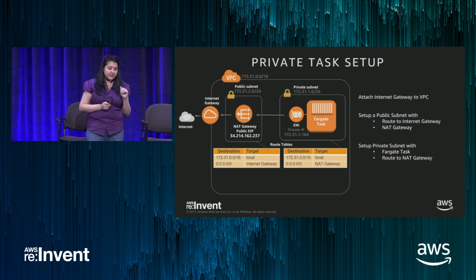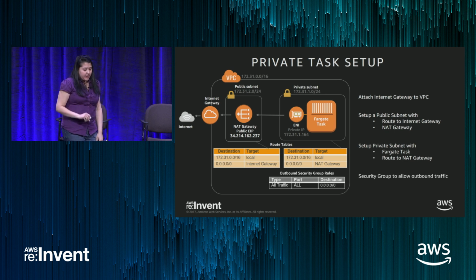The local traffic still stays local within the VPC. The only difference is that for all other addresses that are non-VPC addresses, we're now going to forward the traffic to the NAT gateway in the public subnet. So traffic goes from your task that has a private IP to the NAT gateway that's in your public subnet and out to the internet gateway and out to the internet.